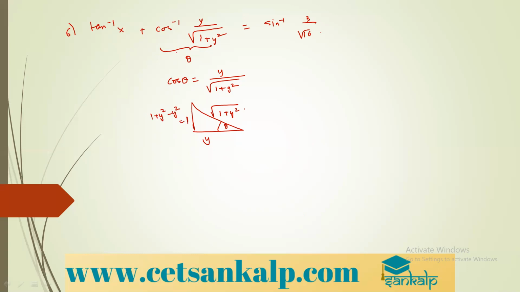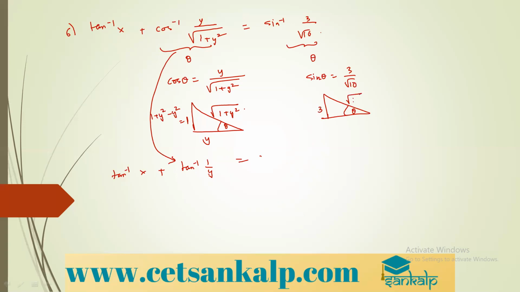So you can write cosine inverse as tan inverse 1 by y. And here you will have tan inverse x equal to, for sine inverse also, 3 over root 10. If you take this as theta, sine theta will be 3 by root 10. If you draw a triangle for theta, opposite is 3, hypotenuse is root 10. So adjacent will be 10 minus 9, that is 1. You can write it as tan inverse 3 by 1. You can use the tan inverse x plus tan inverse y formula.